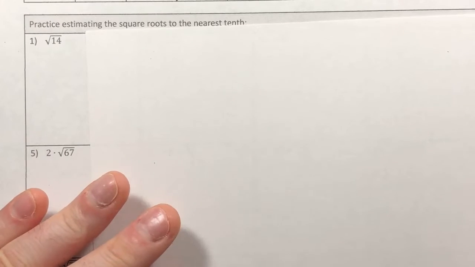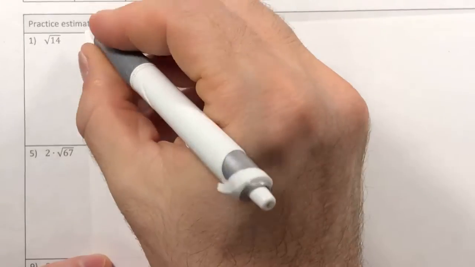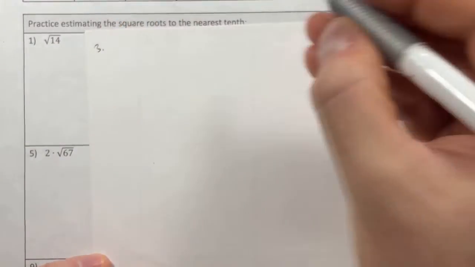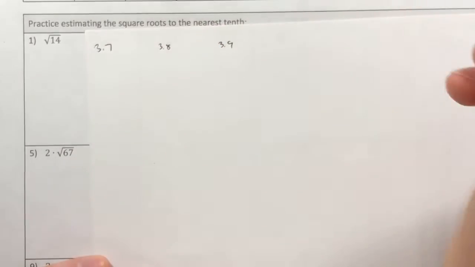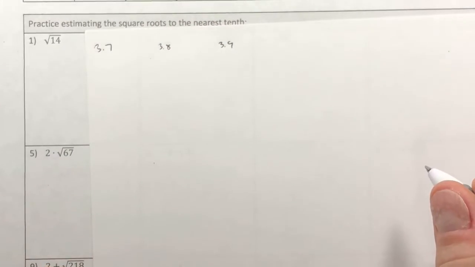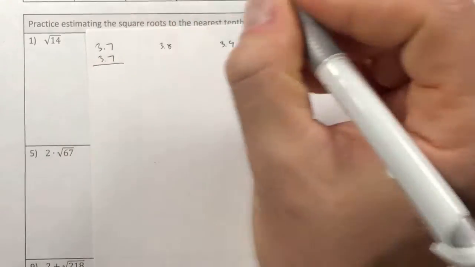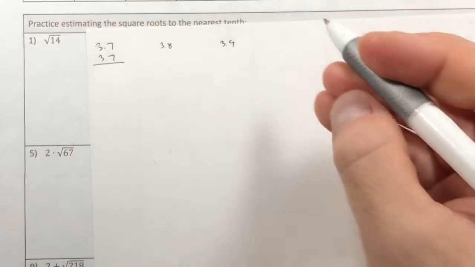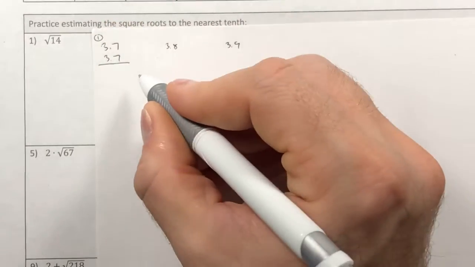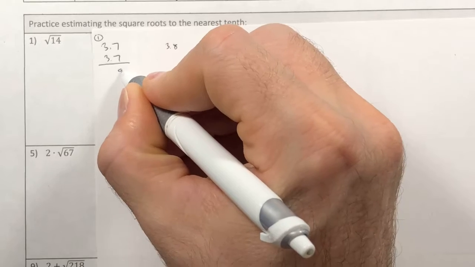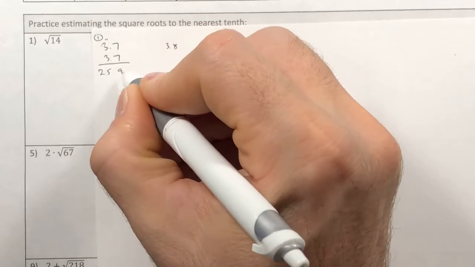I'm going to do several guesses, which means we said we were going to try 3.7, 3.8, and 3.9. We're going to see which one is the closest. So if I want to say 3.7 times 3.7, I'm going to square this. Okay, so 7 by 7 is 49, carry my 4. 7 by 3 is 21, plus my 4 is 25.